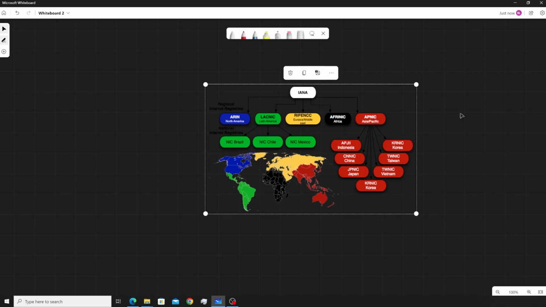So even if you don't know the IP address and you send it to your ISP, if they don't know it, they can always check to see if ARIN knows it, if it has a prefix in the North American range, and there's one for every continent. So you can guarantee that even if you don't know this IP address, you can get it to one of these entities who knows who to continue to search with.